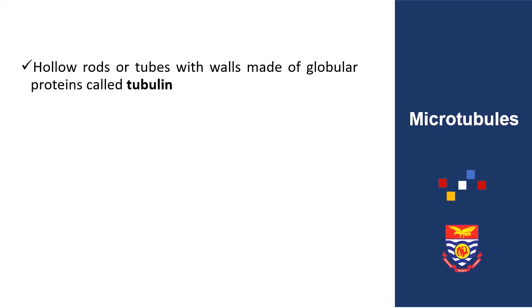First of all, let's have a detailed look at microtubules. The microtubules are the thickest of the three types of proteins that make up the cytoskeleton, and they are hollow rods or tubes, and their walls are made up of globular proteins referred to as tubulin.